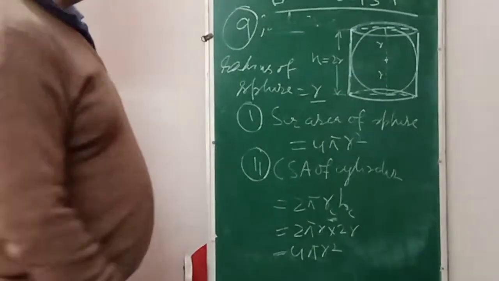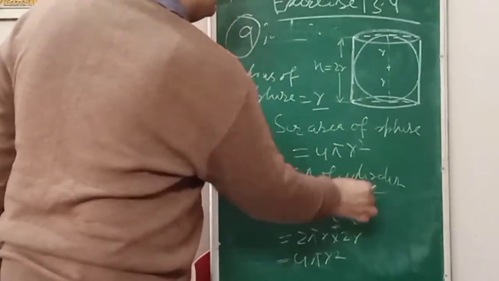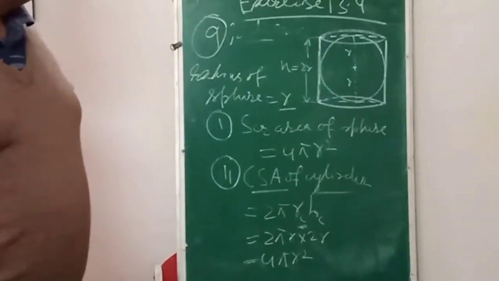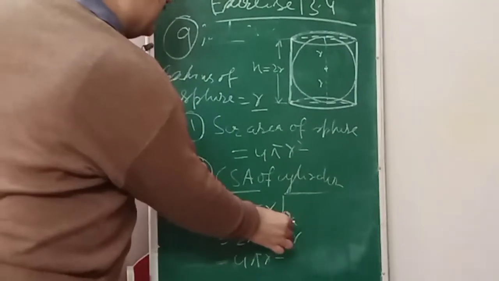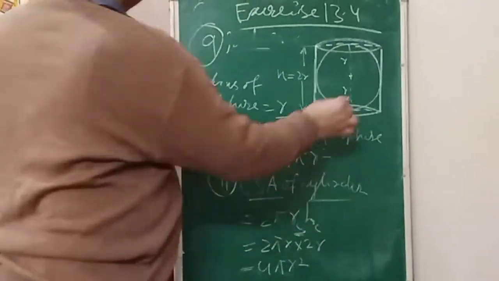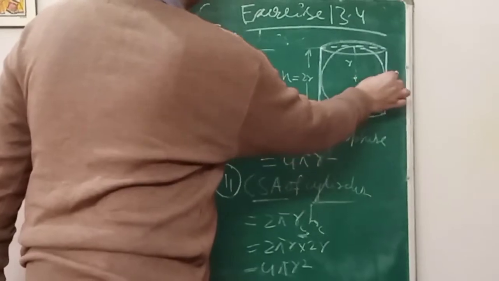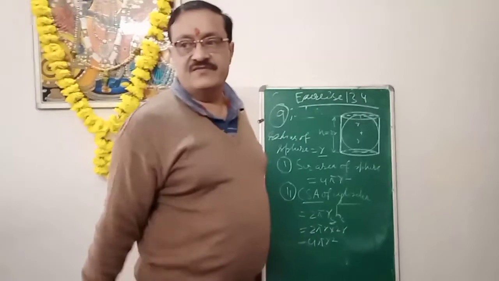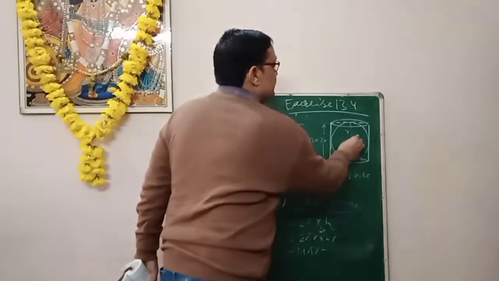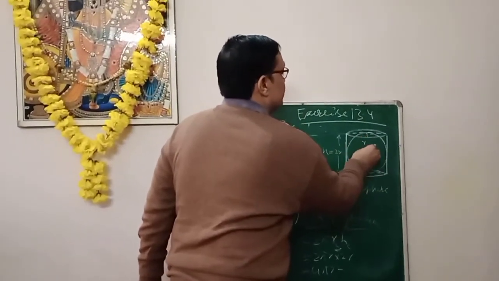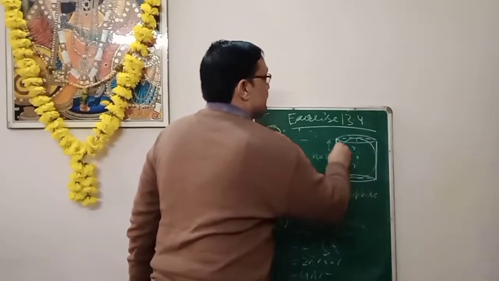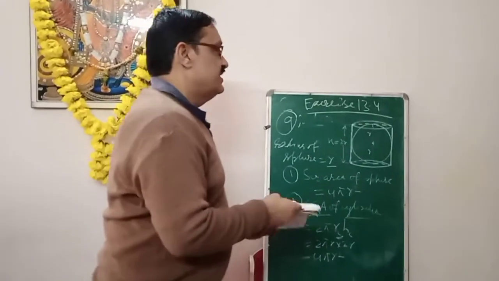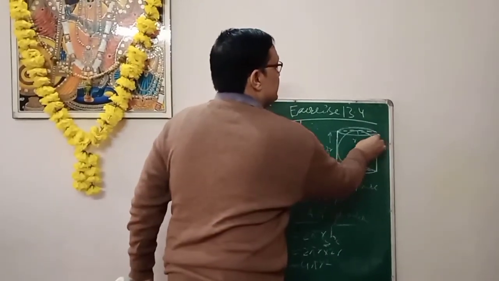The second part was the CSA of the cylinder. We know the formula for calculating the CSA, 2 pi r h. The radius of the base of the cylinder will be equal to the radius of the sphere, because the sphere just fits into this right circular cylinder. Any point on the surface of the sphere, when joined to the center, gives the radius of the sphere.